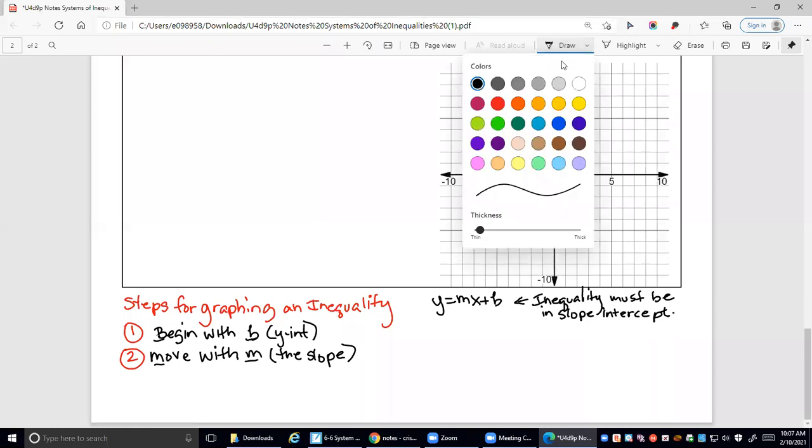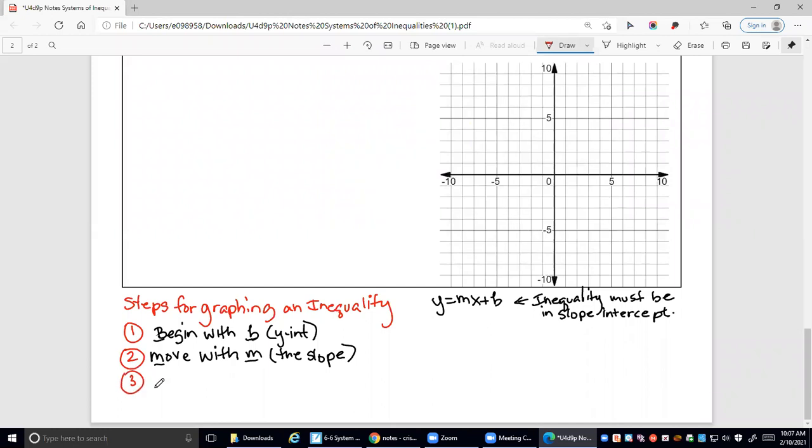All right, step 3. So once we plotted our y-intercept and then we move and put another point, typically with equations, we would just draw a line. And that's good, but it's a little bit more complicated when we talk about inequalities. So the third step is drawing a line.